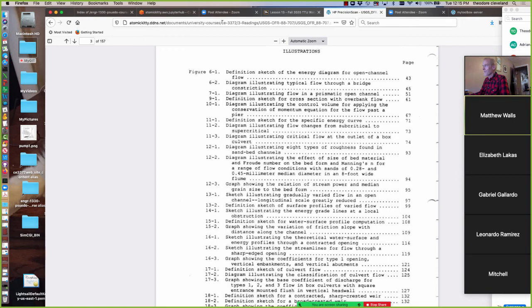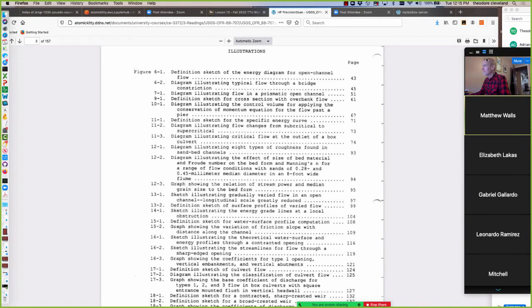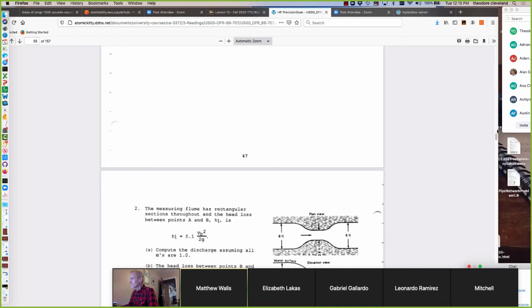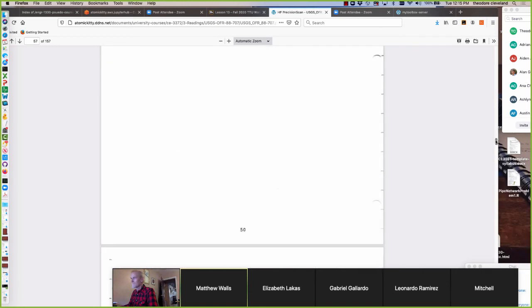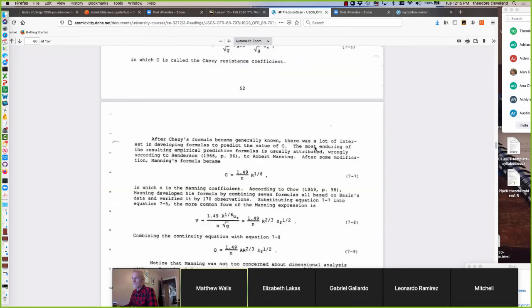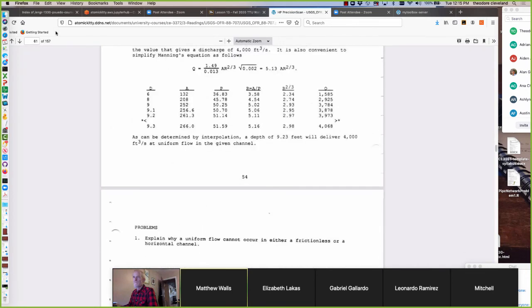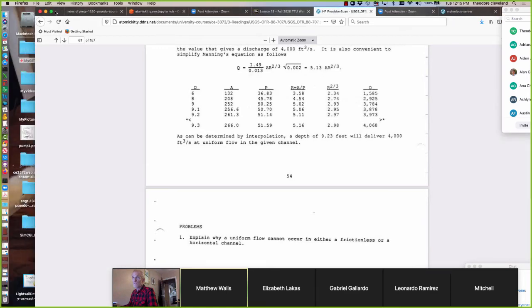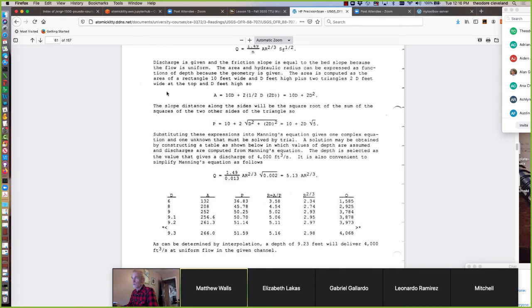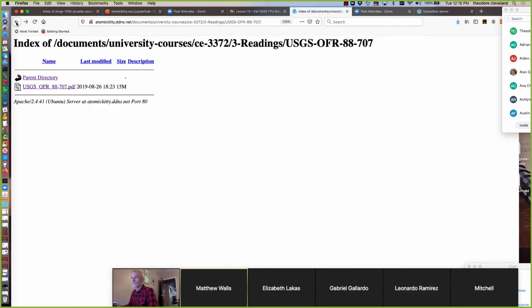And I'll just scroll down arbitrarily. It goes through all the theory that I just summarized. So this is a good reference tool, and if you were to work through each of the chapters in it, you'd have a pretty good understanding of open channel flow, steady behavior.